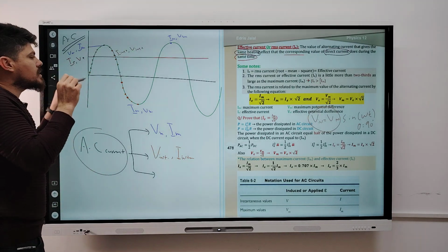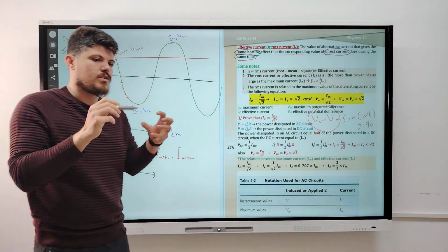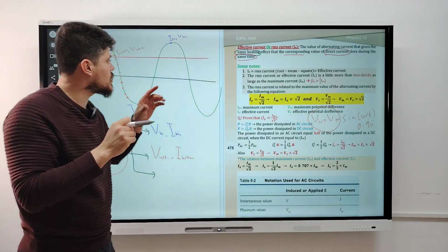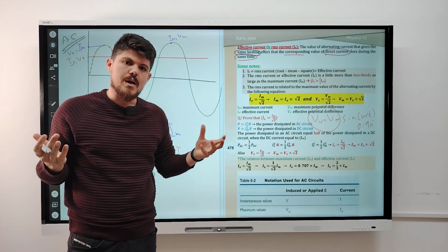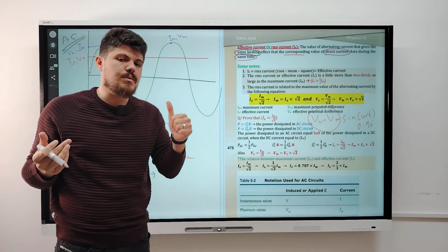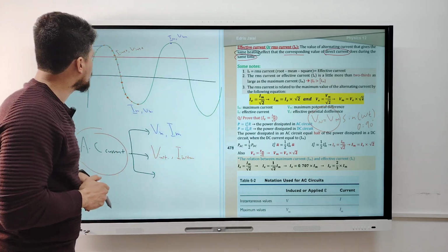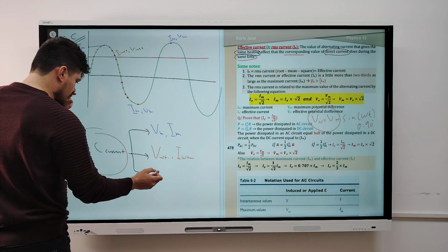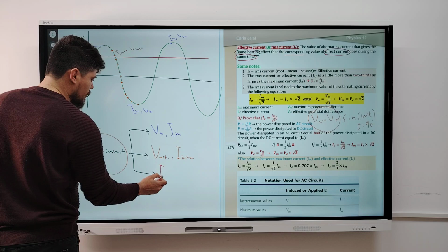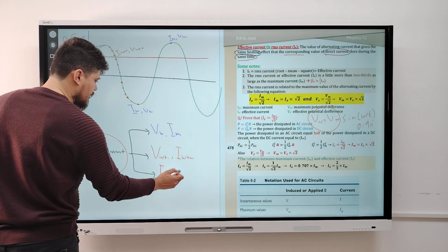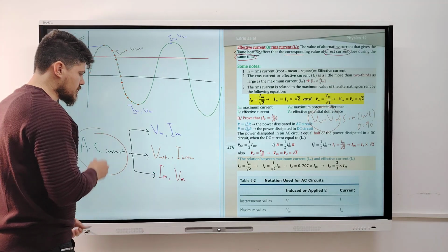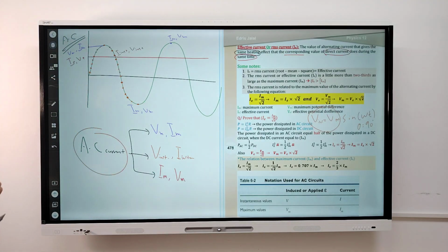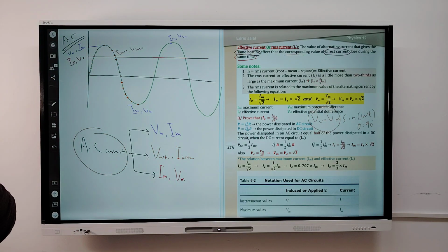So the effective value of current or potential difference is the magnitude of AC current that gives the same heating as DC current. So in AC current we also have the maximum value of current and the maximum value of potential difference.